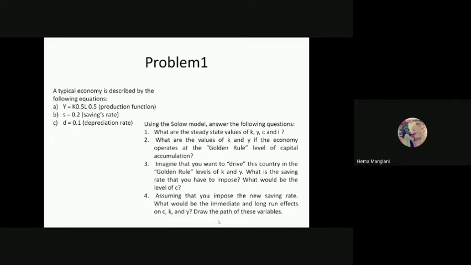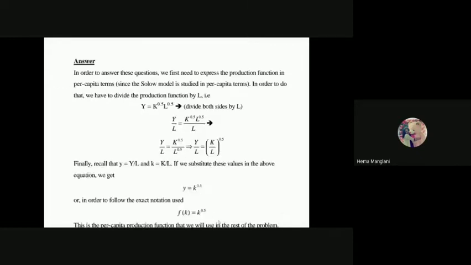A typical economy is described by the following equations. We have capital Y, which indicates the production function. Y is a function with K to the power 0.5 and L to the power 0.5.